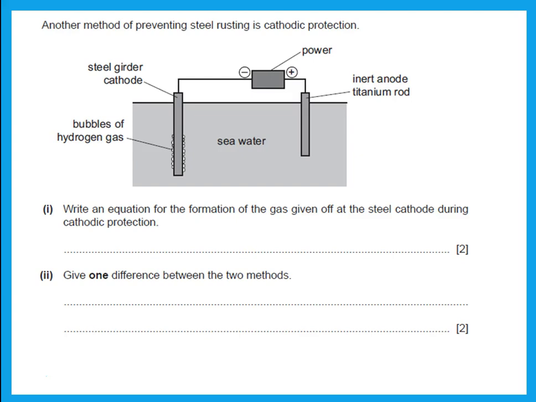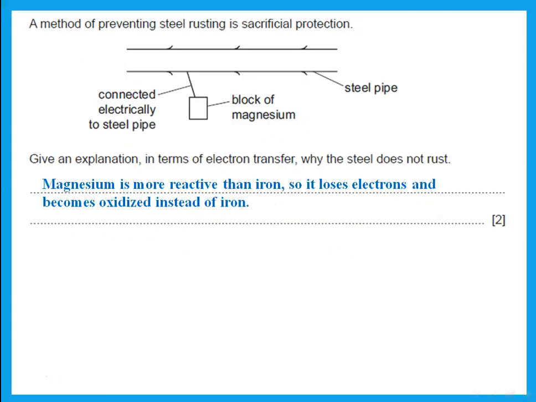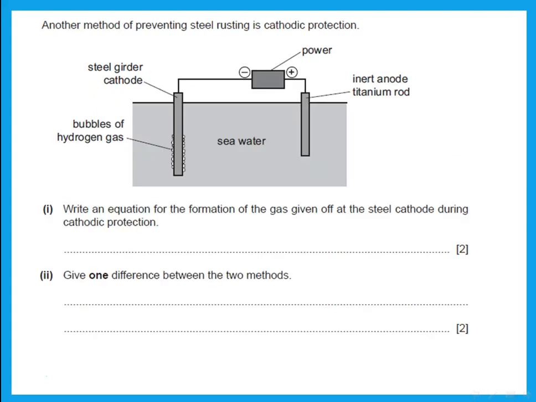So he's saying, write an equation for the formation of the gas given off at the steel cathode. He already says it's bubbles of hydrogen gas, so you're supposed to write the equation for the formation of hydrogen gas.